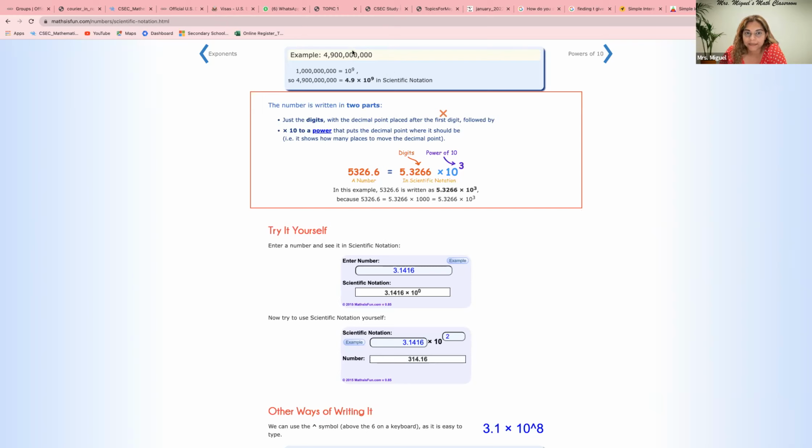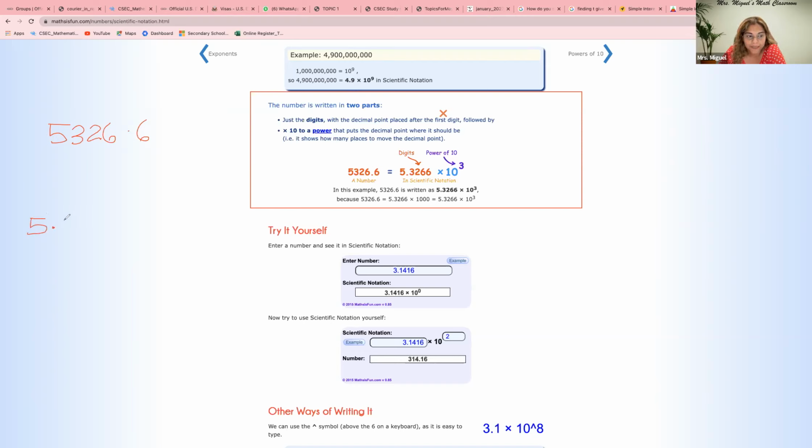So let's look at this. This is my number, 5,326.6. If I am approximating this number to standard form, as the note says, we are putting the decimal point after the first digit.